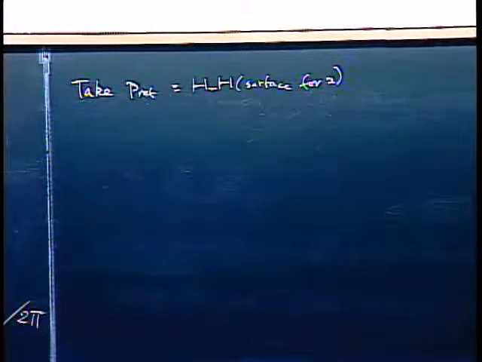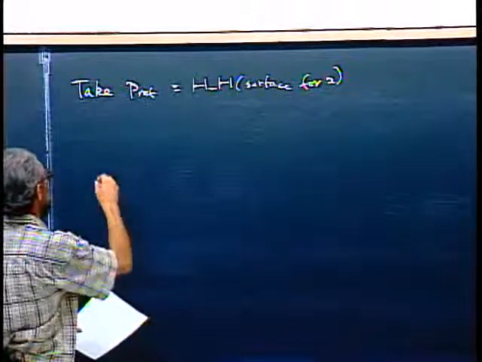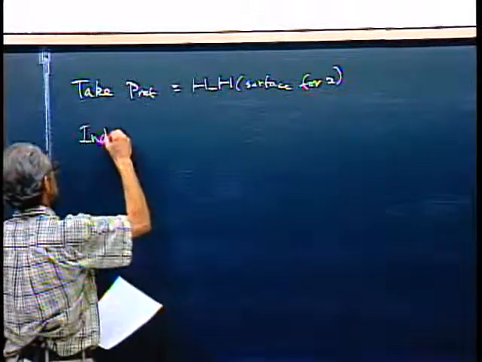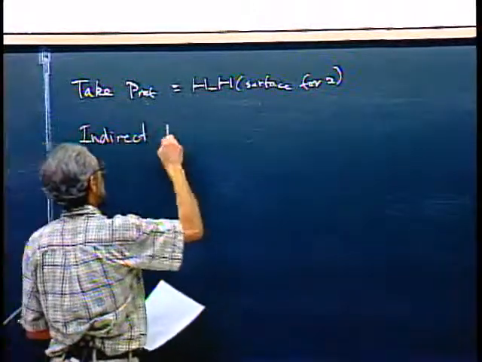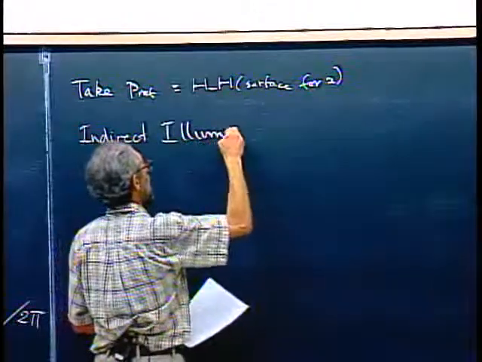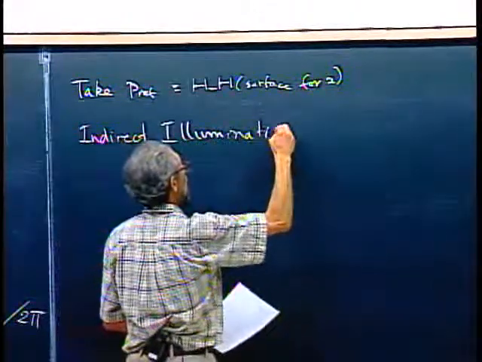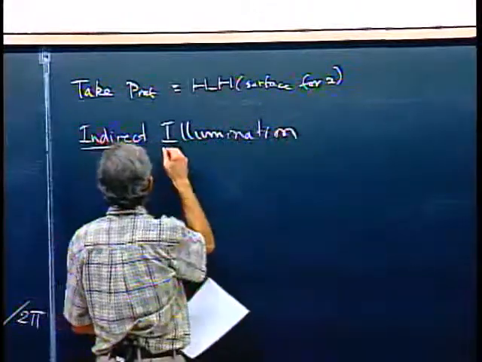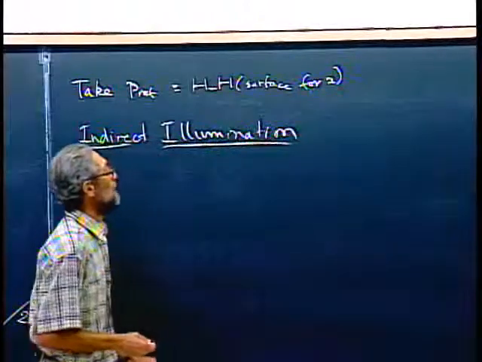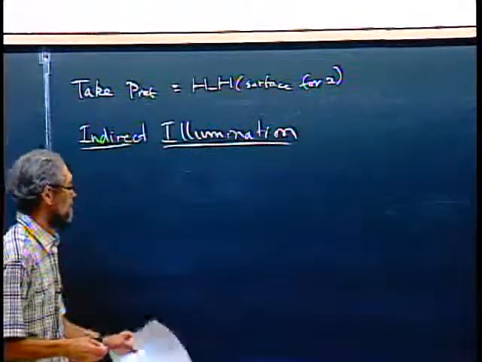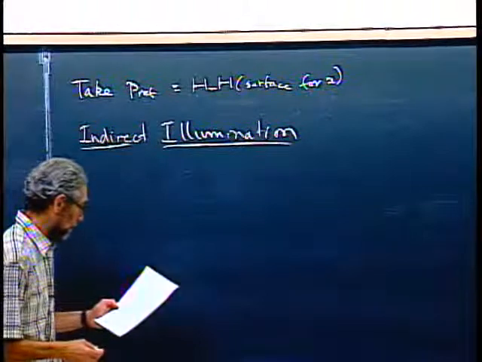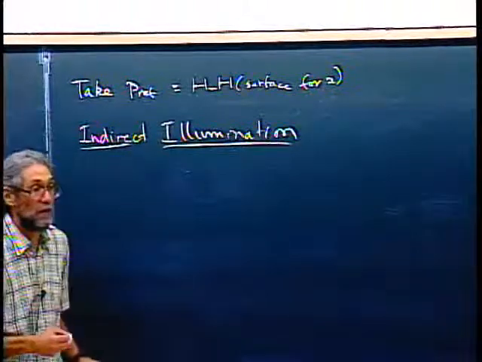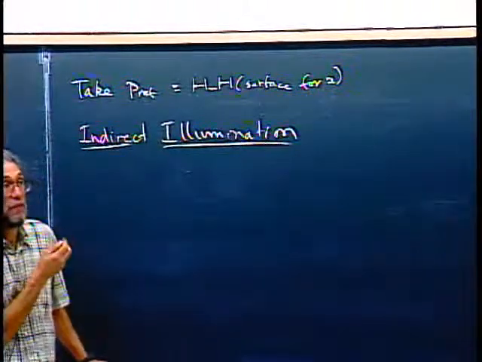So what I want to do now is talk about indirect illumination. Earlier in the course we separated indirect illumination. Is it called indirect illumination? I guess that's what they call it. I probably copied this section heading from the book.